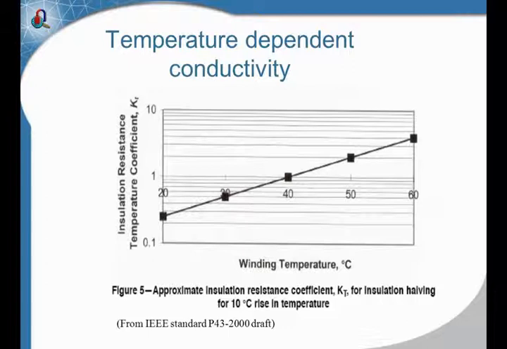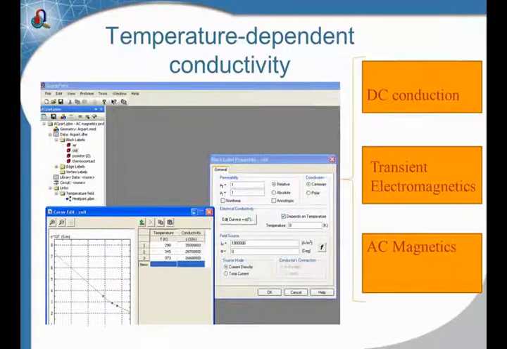This slide shows the usual dependency of the electrical motor insulation against temperature. But generally, it is possible to define this dependency as some kind of formula or table. And QuickField 5.9 provides possibility for this.